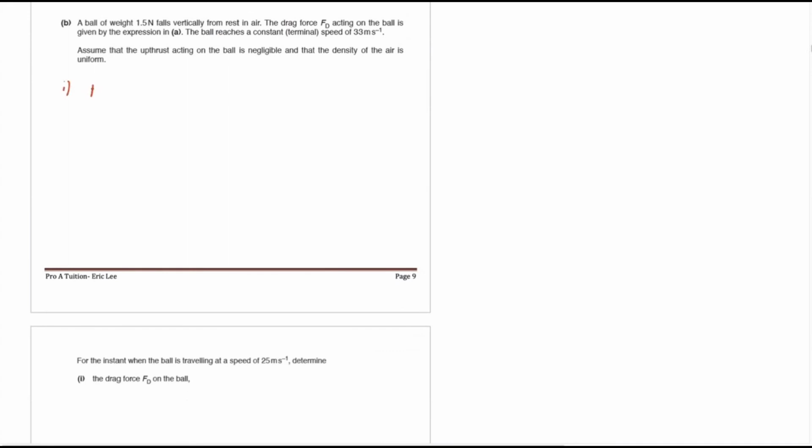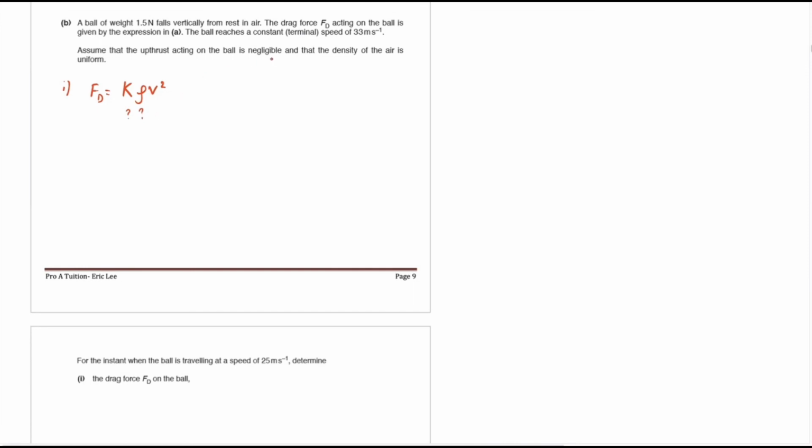Fd equals K rho V square. It seems like we don't know K yet, and we don't know the density either. We just know the velocity. How to put the velocity 25 inside to count the drag force? It seems like not enough information yet because we don't know K and rho.